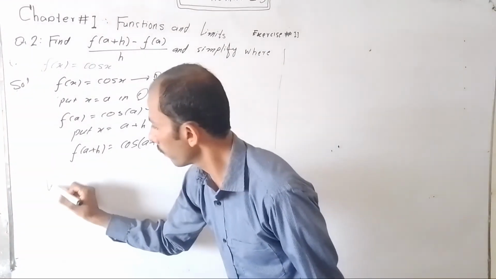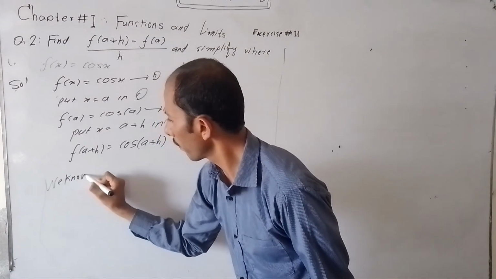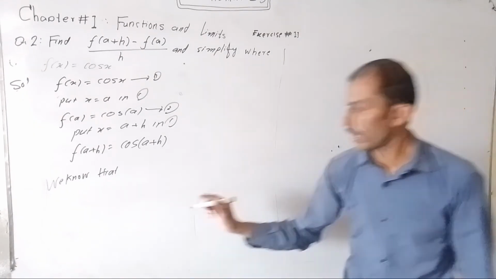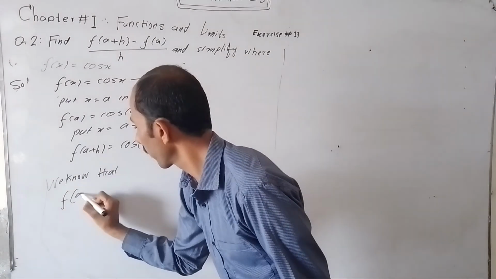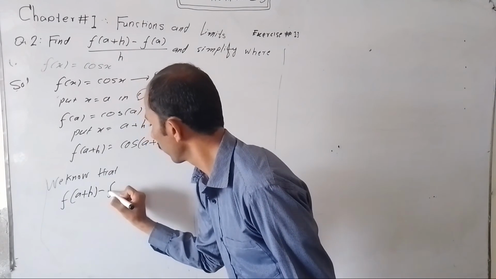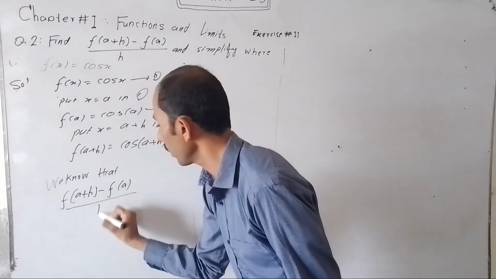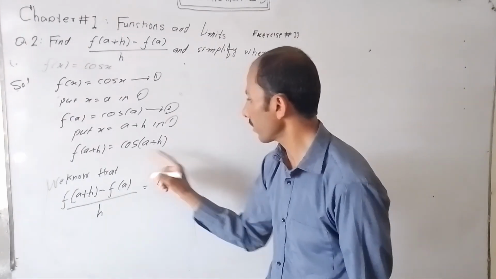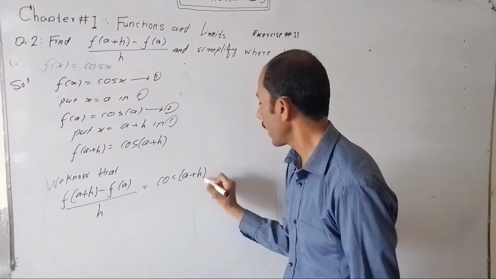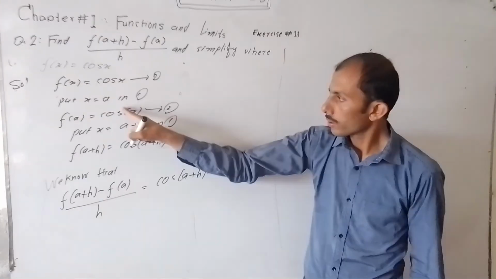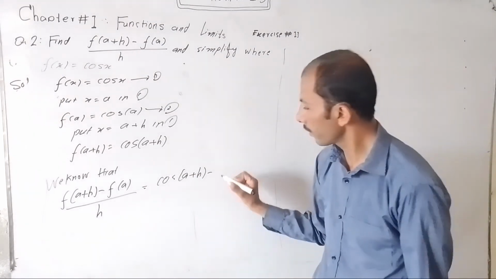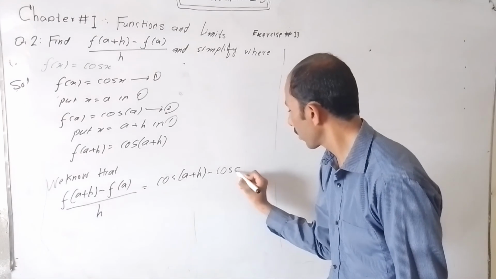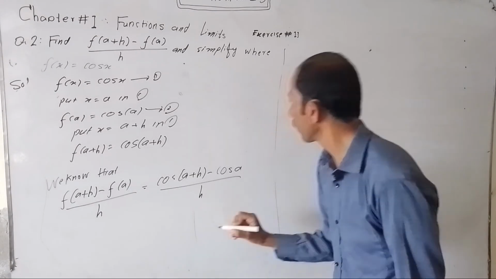We know that f of a plus h minus f of a divided by h is equal to cos of a plus h minus cos of a, f of a is equal to cos a, divided by h.